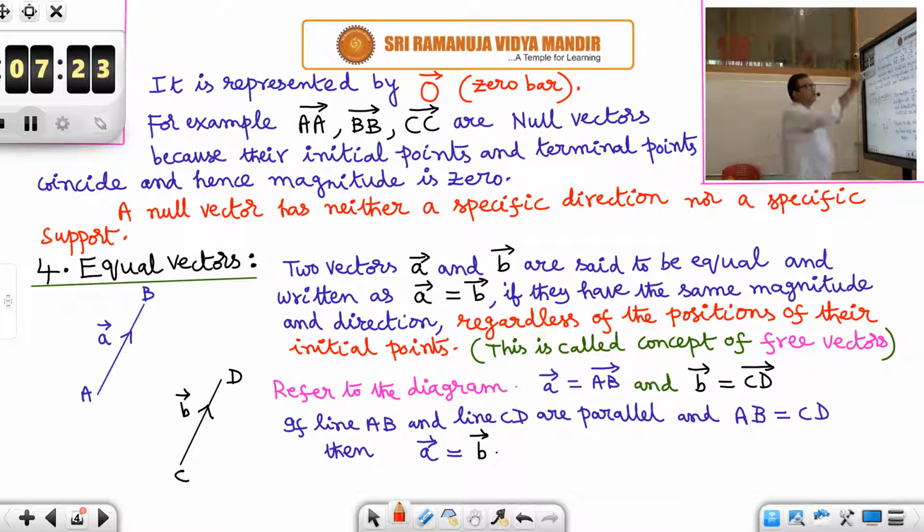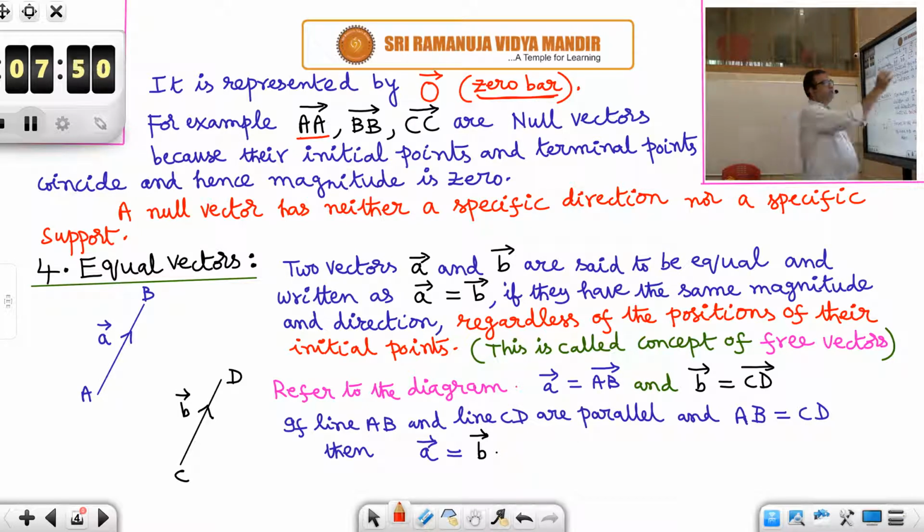So null vector is generally represented by 0 bar. We read it as 0 bar. We write 0 and on the top of it we put an arrow mark. For example, AA bar. See, for AA bar initial point is A, terminal point is A. Then what is the length from A to A? 0.